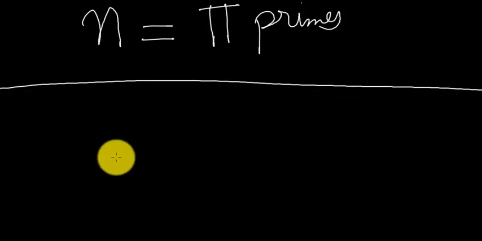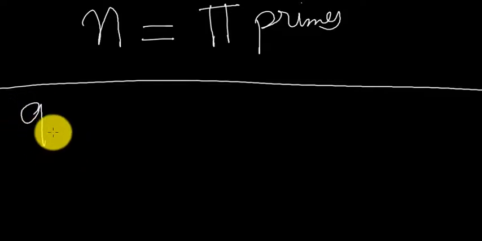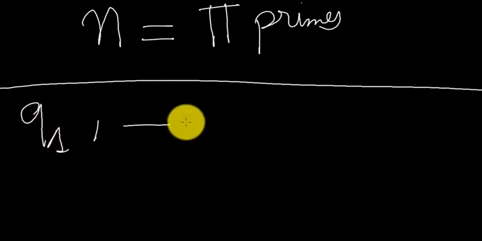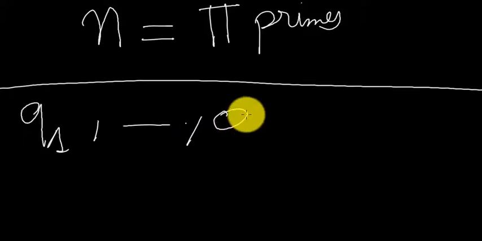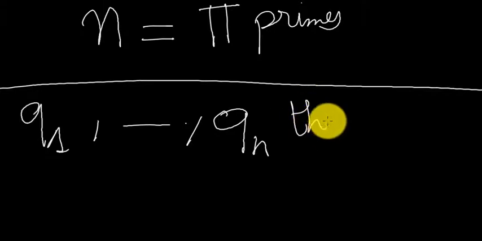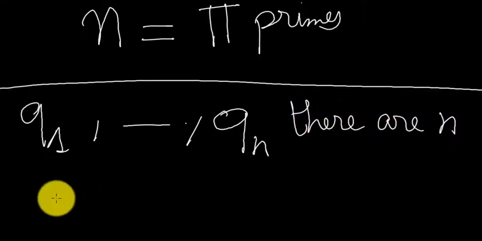So let's call them Q1 to Qn, and we assume that there are n primes only.